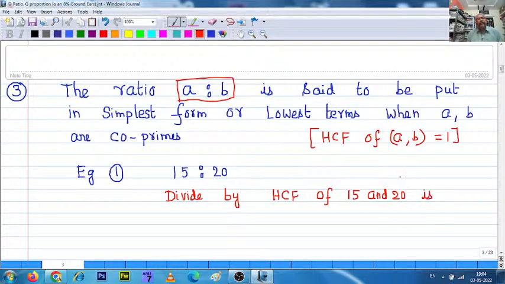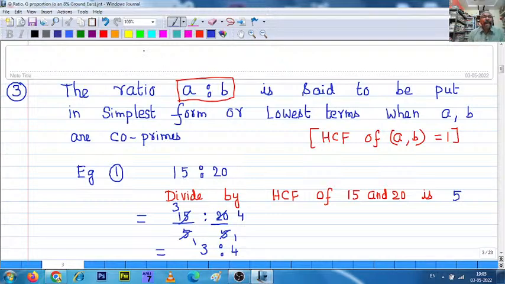That is 5, because 5 divides 15 and 5 divides 20. Having divided by 5, the ratio becomes 15 divided by 5 is to 20 divided by 5. Five ones are 5, five threes are 15; five fours are 20. So this is equivalent to 3 is to 4. For 3 and 4, the HCF is 1. So it has been put in the simplest form or lowest terms.